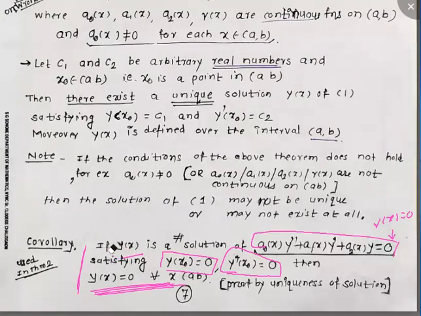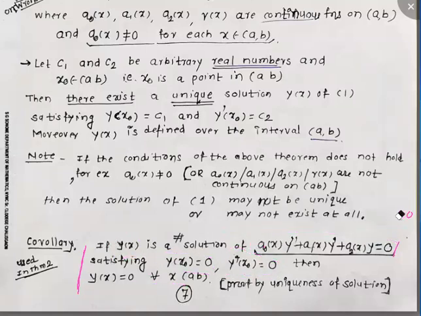So we will use this result in the next theorem when we prove it. There are 4 results we are going to prove, and in one of them we will use this result.